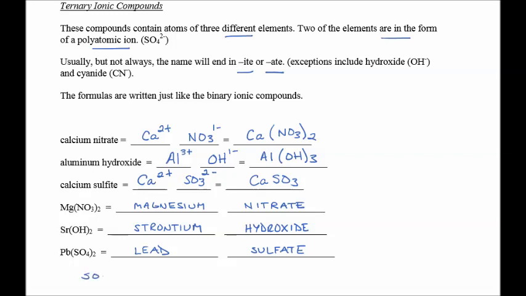So if sulfate has a charge of -2 and there's 2 of them, then Pb has to be a charge of +4. So it's lead 4 sulfate. So if that one confused you, we can talk about it in class.